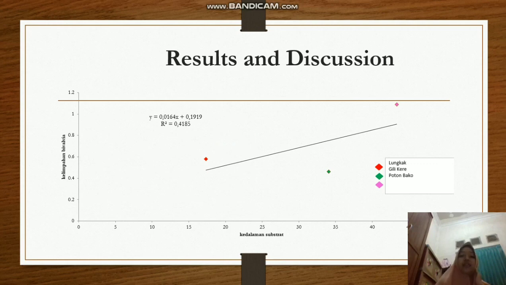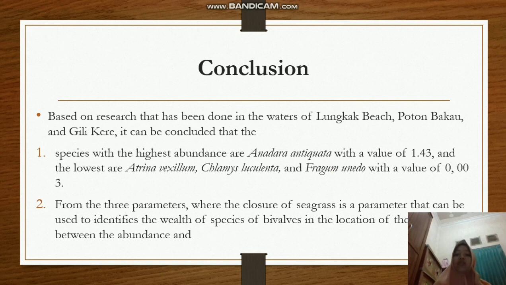And the last result is the relationship between the abundance of bivalves and depth of substrate, where R square is 0.41.